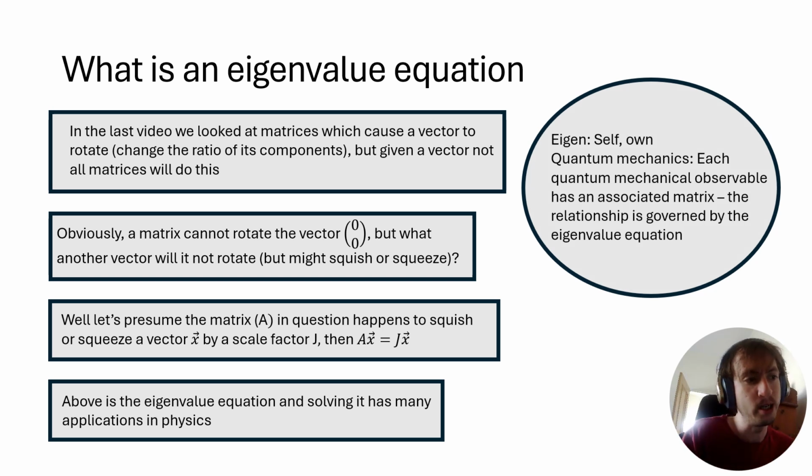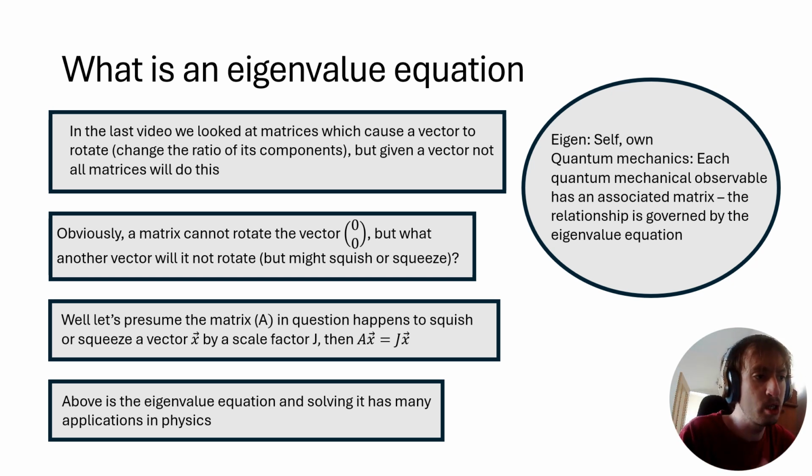Now, the word Eigen is a German word. And it's a German word because, I mean, a lot of the great early quantum physicists lived in Germany. And matrix algebra, or linear algebra generally, of which the eigenvalue equation is an example, was really developed to talk about quantum mechanics, a particular form of quantum mechanics developed by Heisenberg called matrix mechanics.